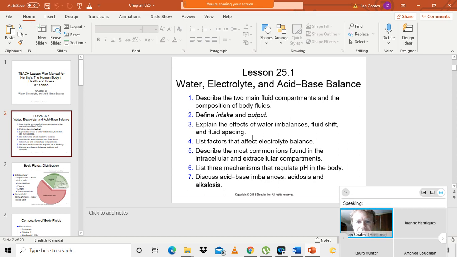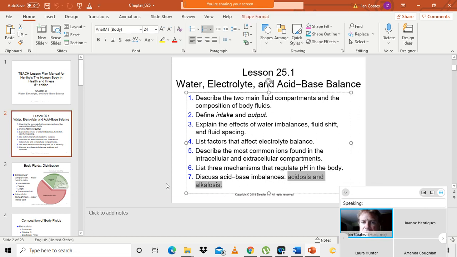We're going to list factors that affect electrolyte balance. Describe the most common ions found in intracellular and extracellular compartments. 3 mechanisms that regulate pH. And we're going to discuss the acid-base imbalances. These 2 here are good ones: acidosis and alkalosis.